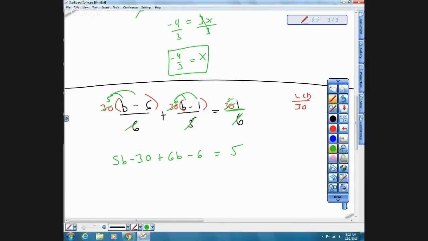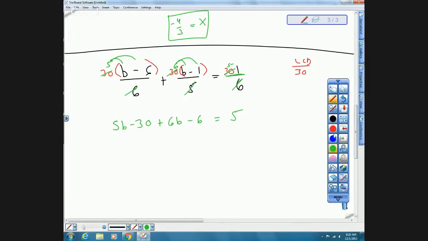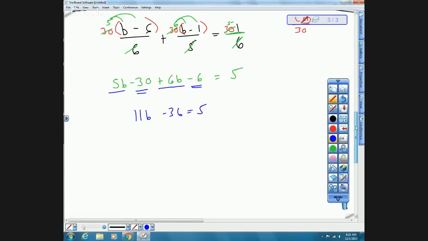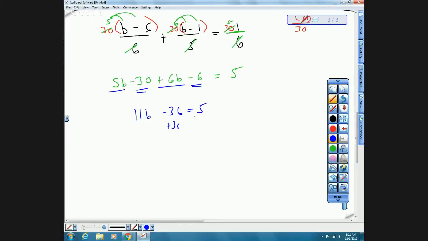So you get 6b minus 6. So now combine some like terms. Negative 36. Add 36 to both sides. And divide by 11.